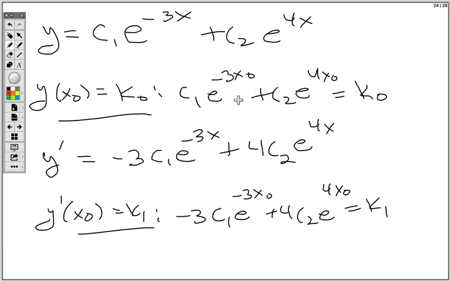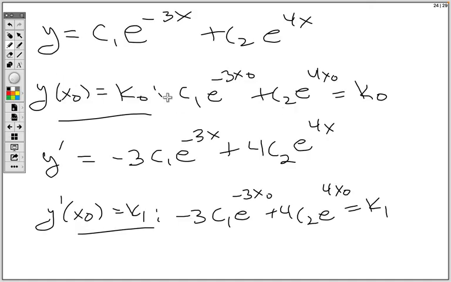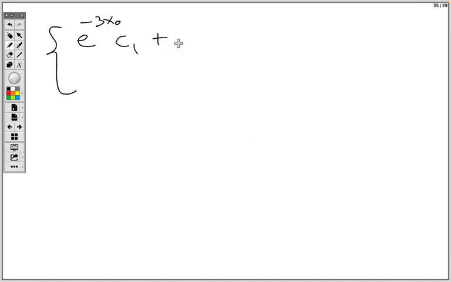And even though these e to the minus stuff, these exponential things, look like functions, they're not. They're numbers. We've plugged a number in. The one we did together, we plugged in 0, so the e to the 0 was 1. It simplified nicely for us. But at the end of the day, this is the system of equations we have. We've got e to the minus 3x naught c1 plus e to the 4x naught c2.